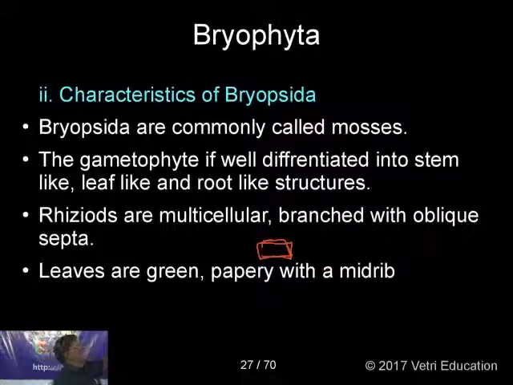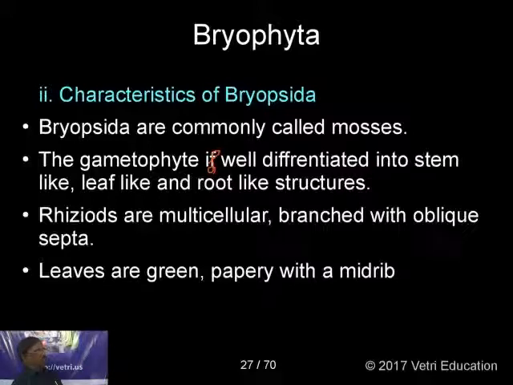The third class is Bryophyta. This is the developed bryophytes, commonly called mosses. The gametophyte is well differentiated into stem-like, leaf-like and root-like structures.